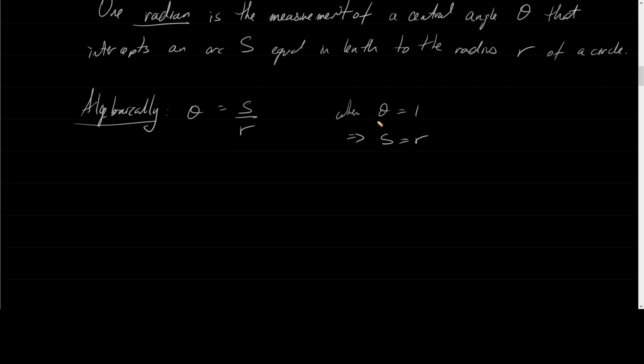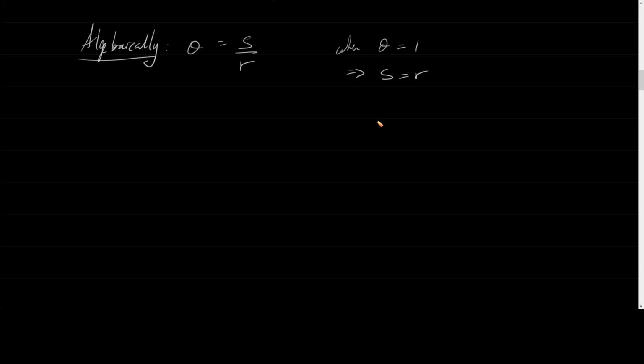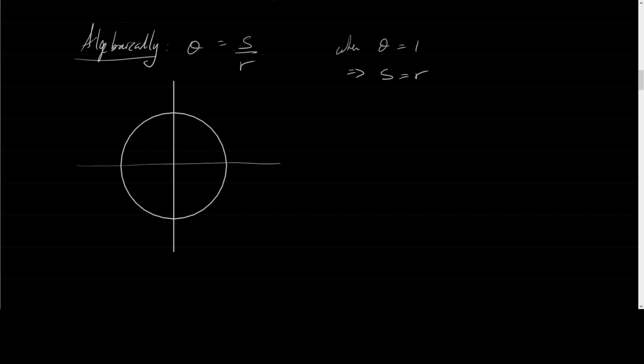Now, let's actually give a visual representation of what we're talking about here with these radians. So I'm going to take a circle and put it on the X and Y axis. Now let's say I take the following angle.